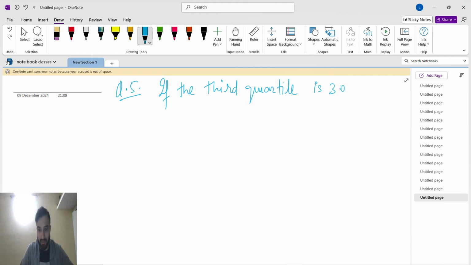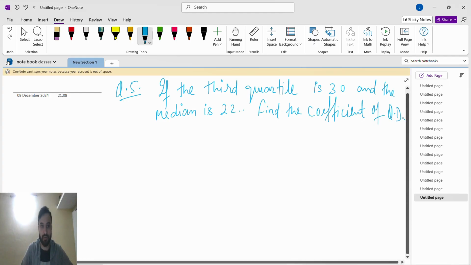If the third quartile is 30 and the median is 22, find the coefficient of quartile deviation.